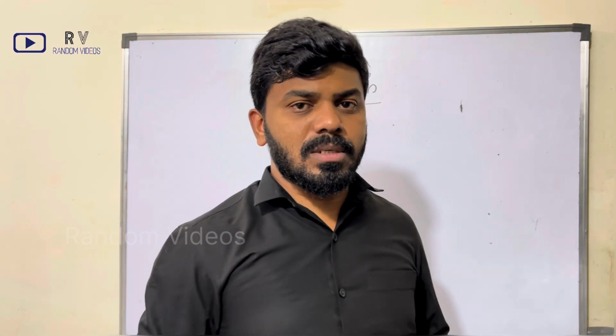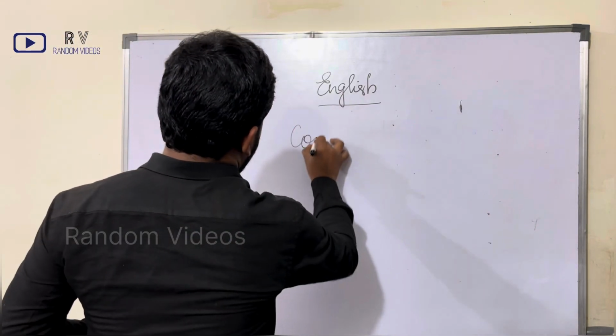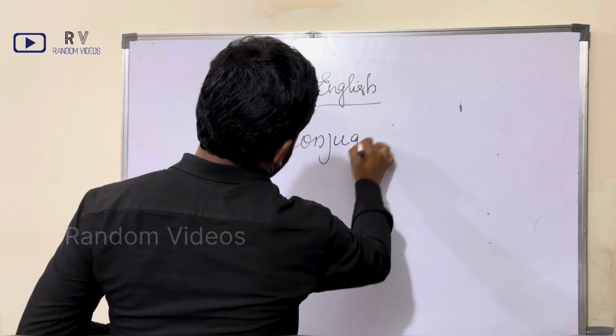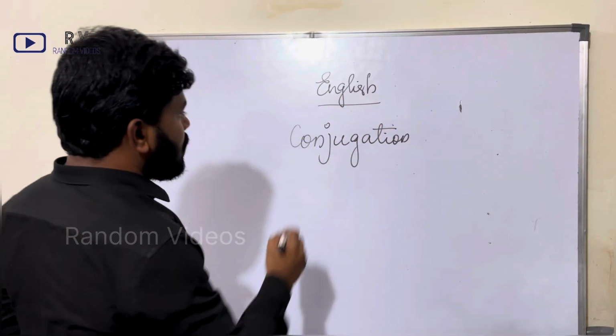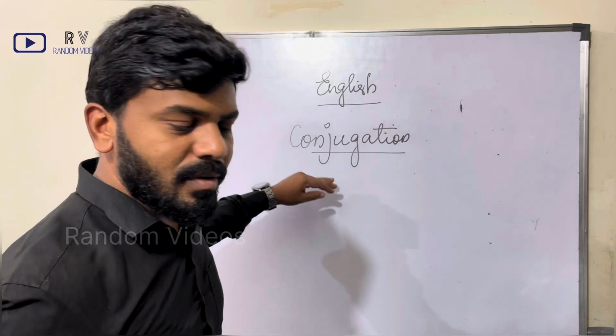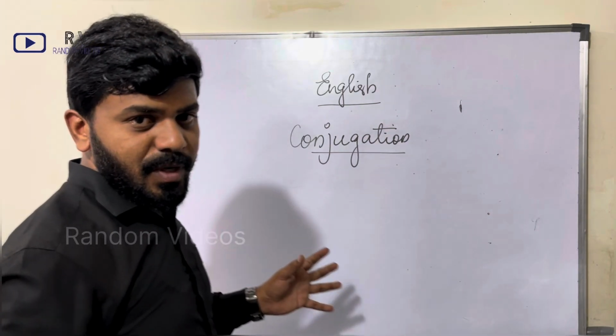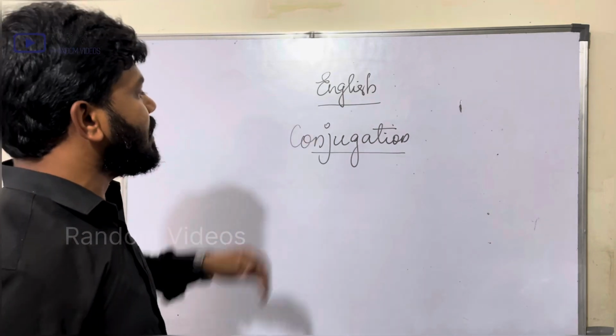And if you have watched the video, you must have come across the word conjugation. In the video, I mentioned this word conjugation of verb. In today's video, we are going to see what is conjugation of verb in detail.